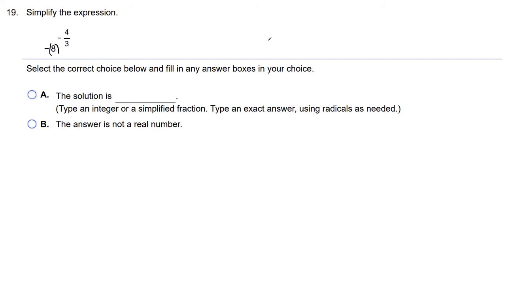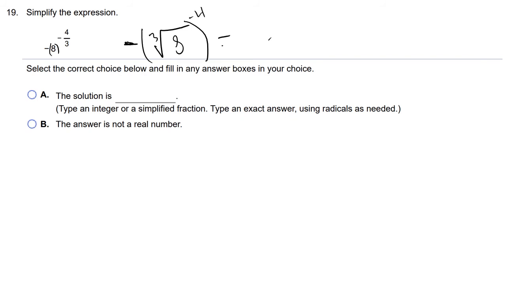We just talked about in a previous problem that we can write 1/3 as a cube root, okay? So our exponent rules allow us to say there's going to be a negative in front of this whole thing. I can write this as the cube root of 8, and then whatever I get for that, I'm going to raise that to the -4th power.